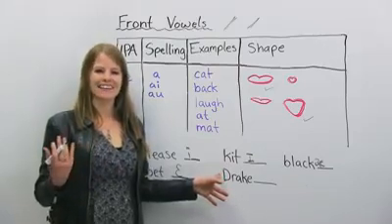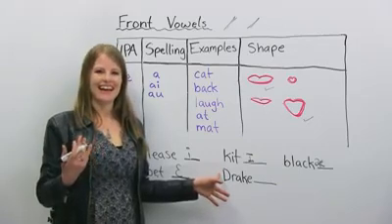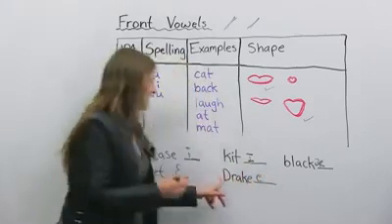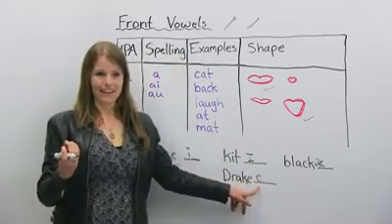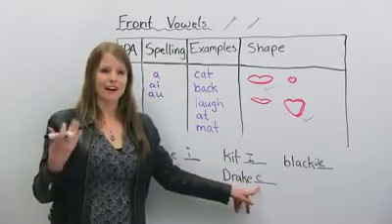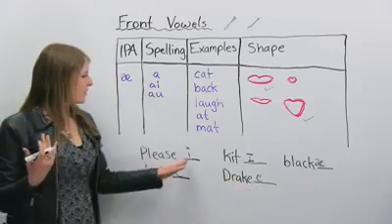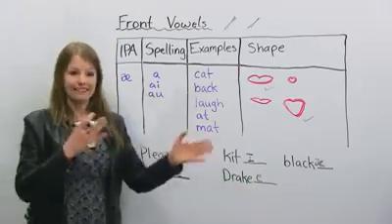What sound is the A sound, as in Drake? If you said this symbol, A, you're correct. We say Drake, A.